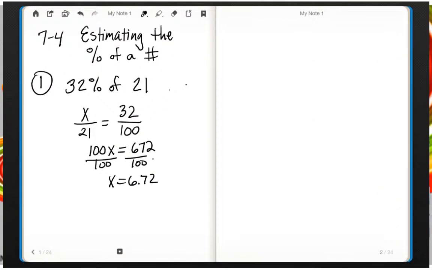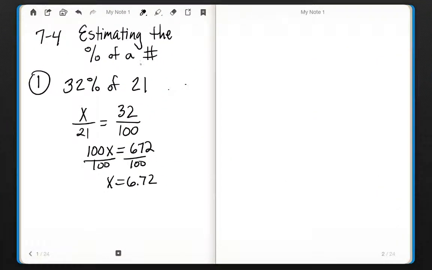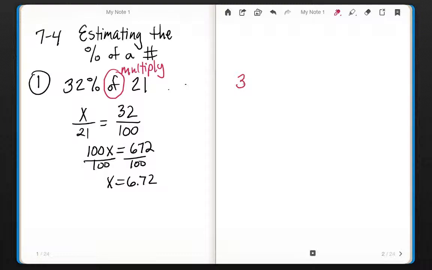But I want to show you another way to work this percent of a number problem. What if we said that the word of typically means multiply? Good. Write that down if you think you might need to review that. So if we want to find 32% of 21, we could just multiply 32% times 21.